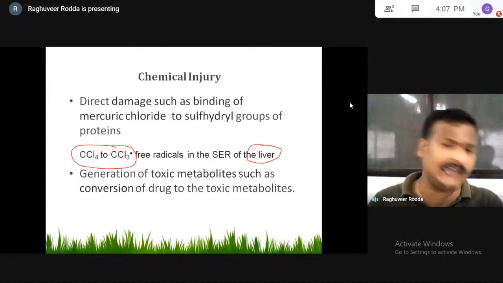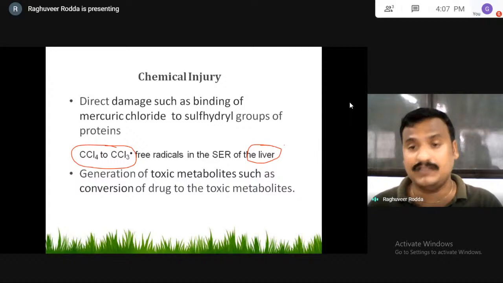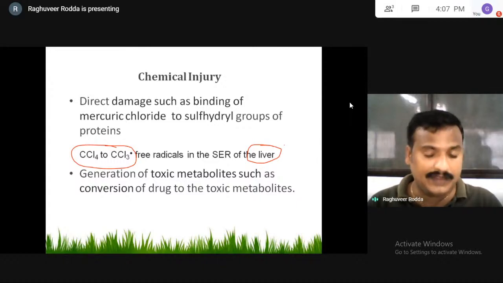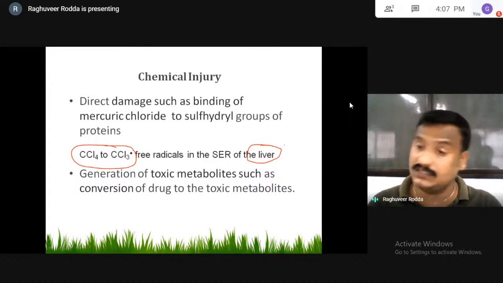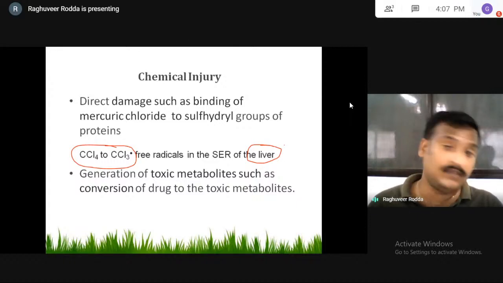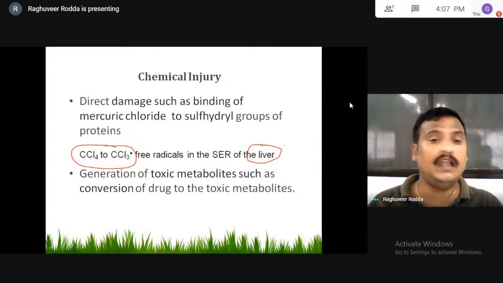That will finally damage liver cells, which will lead to conditions called liver cirrhosis, liver necrosis, and fatty liver, which are classic examples of liver injuries.